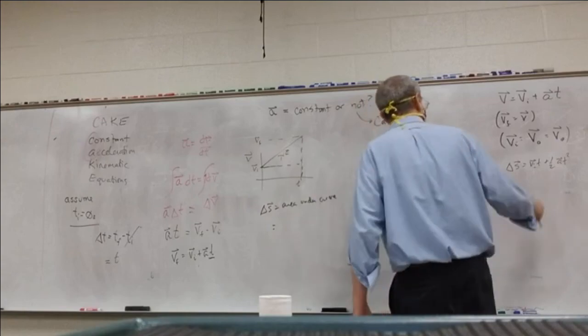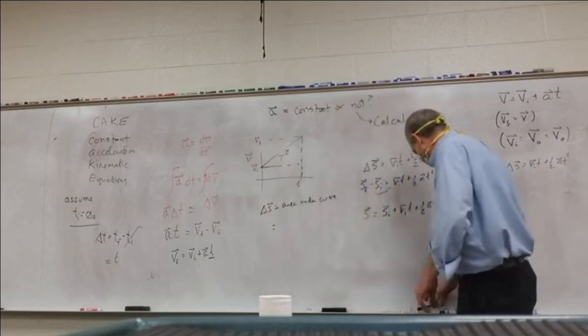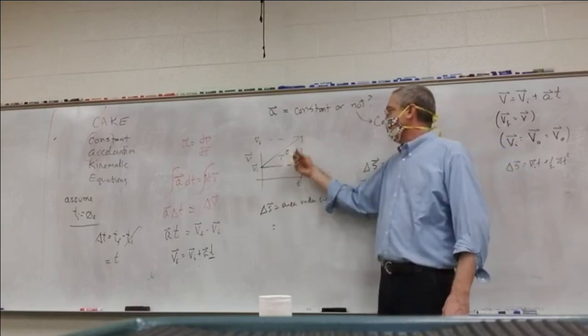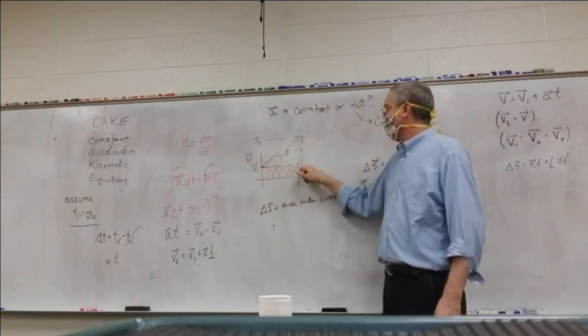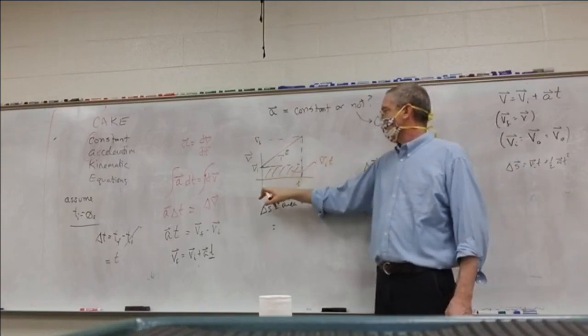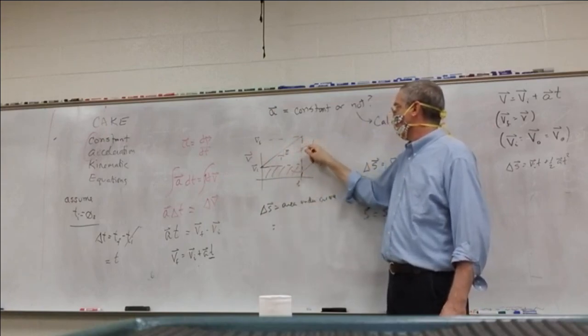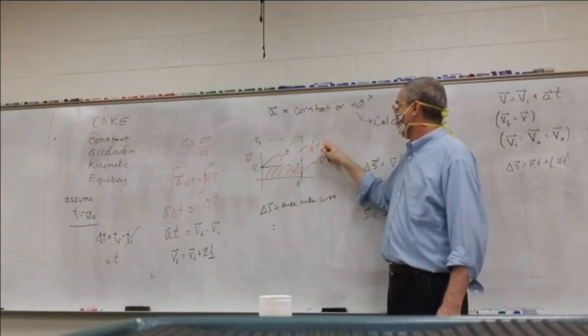And basically, we're going to derive that equation again. I've got a rectangle and a triangle. This rectangle has an area of VIT, so height of VI, width of T. My triangle has an area of 1/2 base times height, which is VF minus VI.